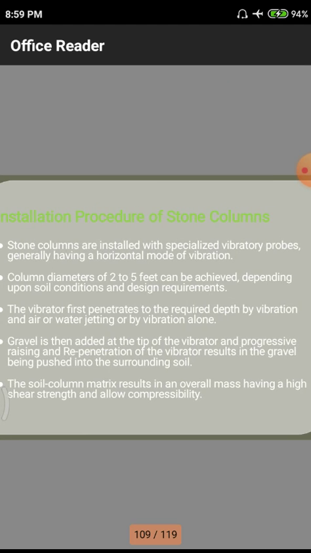The vibrator first penetrates to the required depth by vibration alone, with air or water jetting. The probe gives vibrations at the ground surface. Due to the vibrations, the soil loses its binding properties and we remove the soil at the vibratory level. After that we pour some water into the hole.